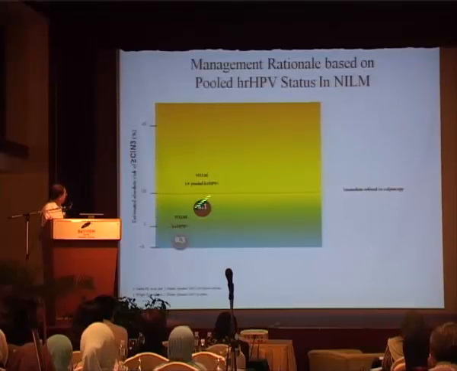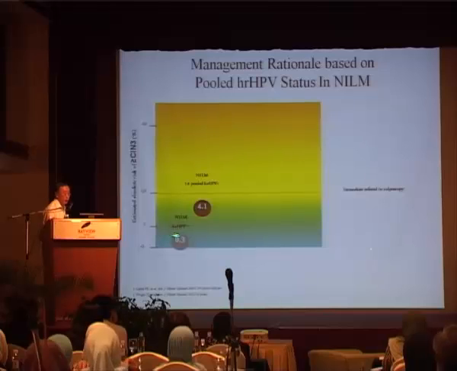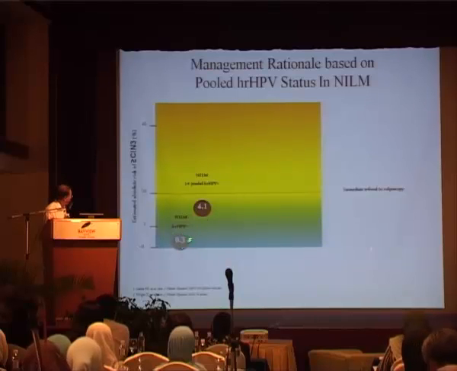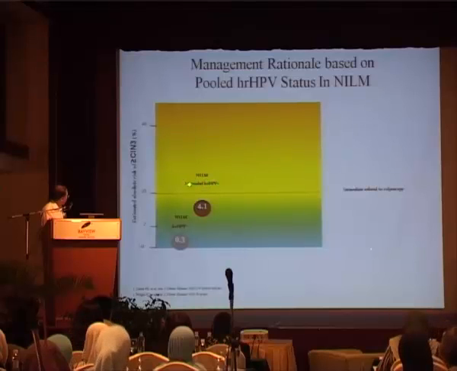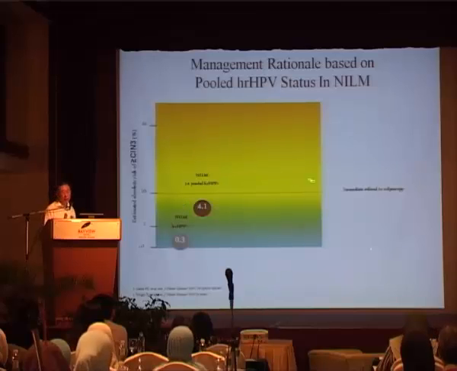If you look at the group of women with negative cytology and negative high-risk HPV DNA, their risk of having a CIN3 lesion, a severe lesion, is no more than 0.3%. So this is really a low risk that we can afford to keep on regular screening at 3-yearly intervals. But if they were positive for any one of the 14 subgroups of high-risk HPV using the pooled DNA test, the risk of CIN3 lesion is 4.1%.